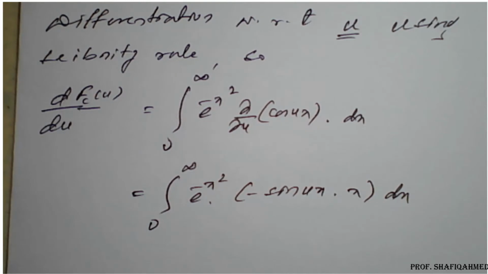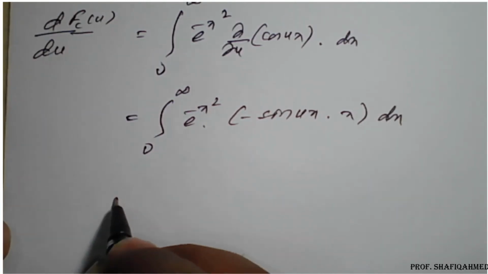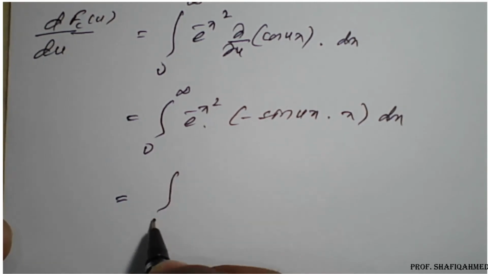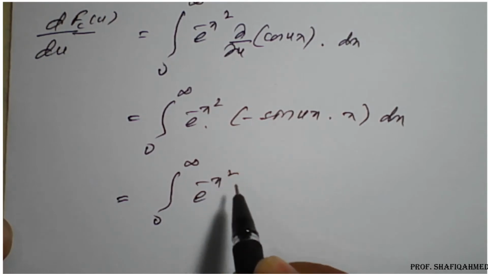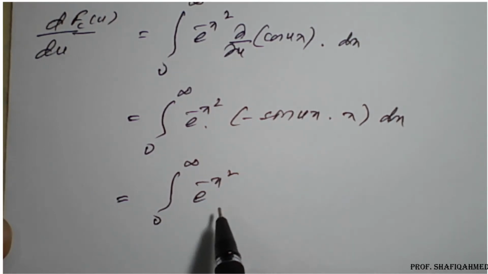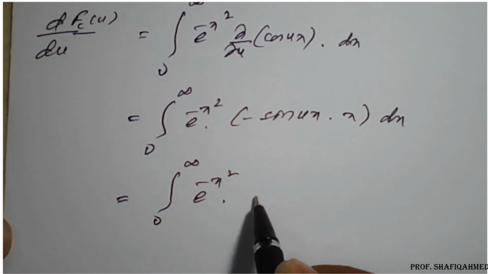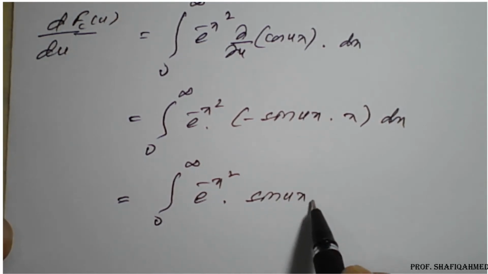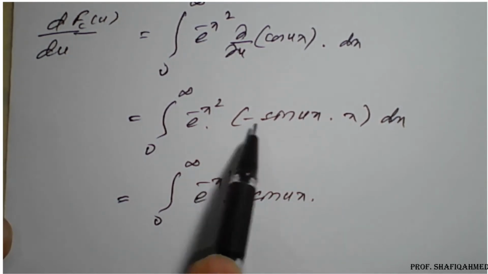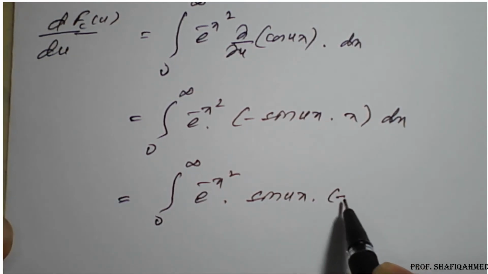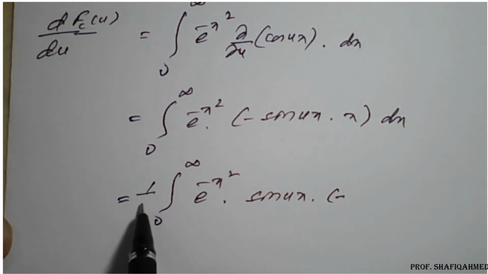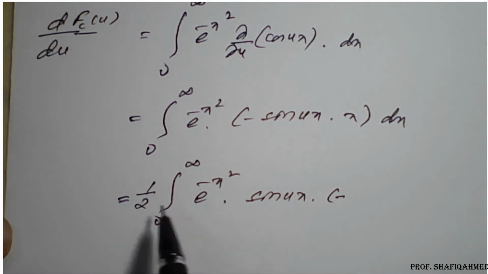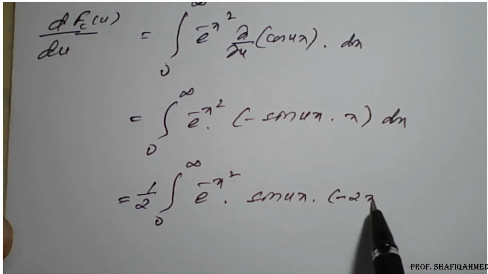This is nothing but integration 0 to infinity e raised to minus x square into sine of ux, with the minus sign, and I will multiply and divide by 2 into this x.